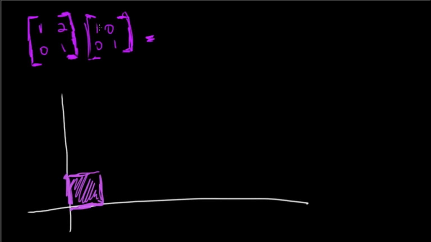So 1 times 1 is 1, plus 0, that is 1. 1 times 0 is 0, that's going to be a 2. All right, 0 times, that's going to be a 0. And 0, that's going to be a 1. All right, so these are our new vectors, 1, 0, and 2, 1. So 2, 1.